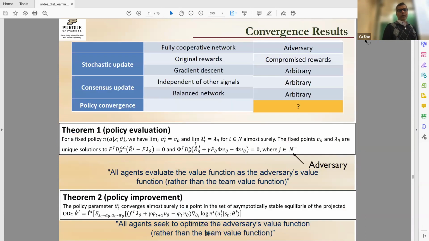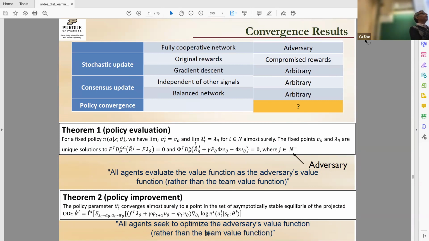We can show that all agents evaluate the value function of the strategic agent, or this adversary's value function, rather than the team value function. And then they seek to optimize only the value function of that agent. So I can derive a lot of rent, right?